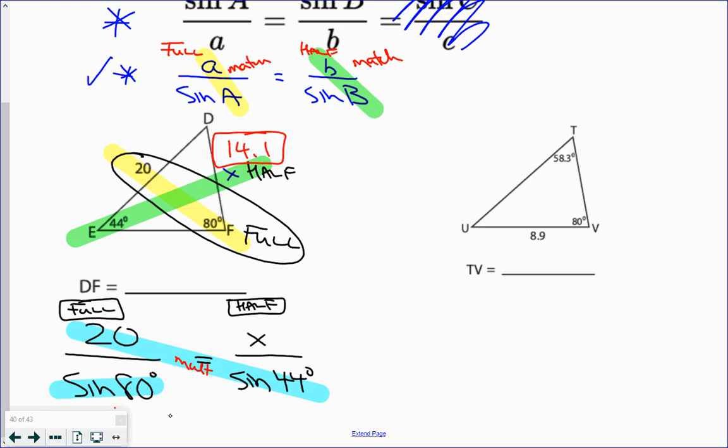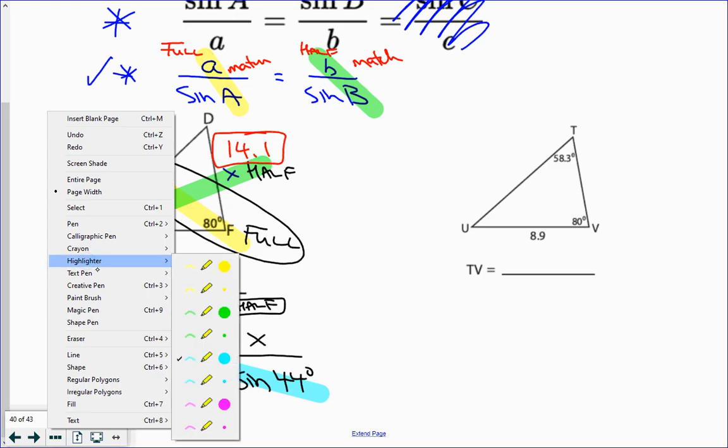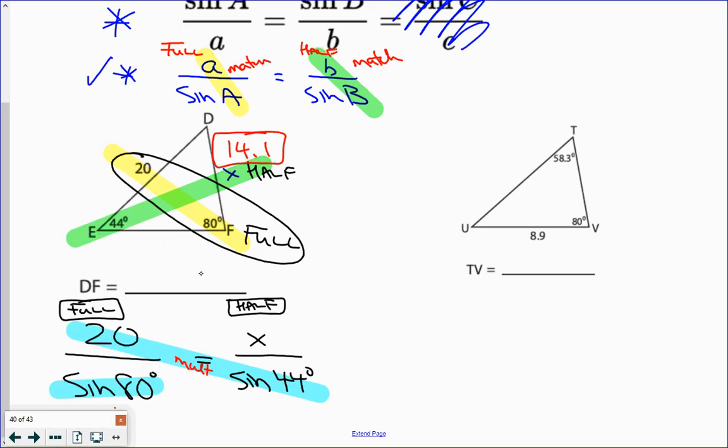Okay, let's take a look at this picture. Which one is your full? What two numbers make up your full? Right. So there is your full. Now the question says find TV. So TV is this. So you have to have a full set and you have to have a half set. So right here, is that a half set right now?